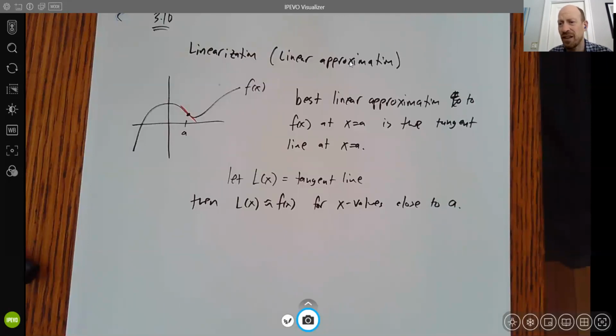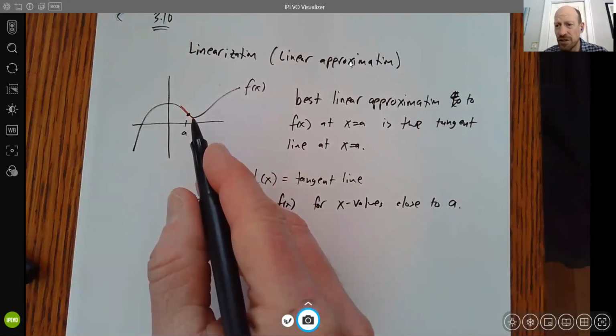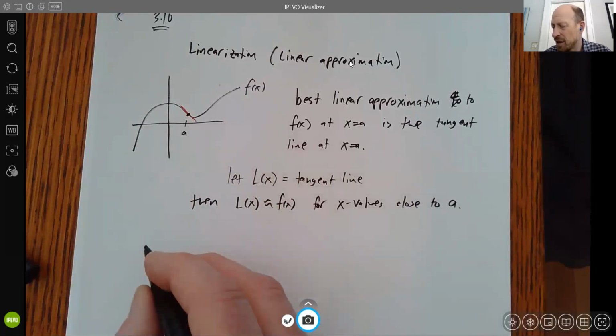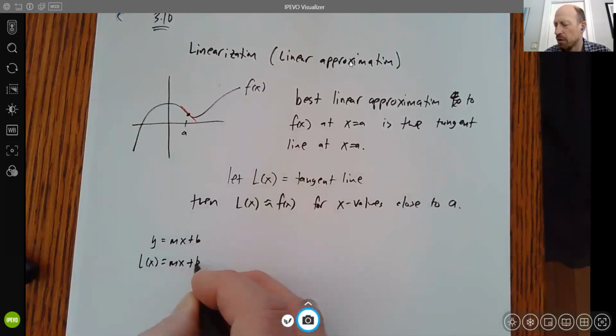And it turns out the execution of this is nothing we haven't done already. You did some of this on the exam. If you want to find the linear approximation at a point, you're just finding the tangent line at that point. It's the same question. I guess instead of letting y equals mx plus b, we replace that with L of x equals mx plus b. That's sort of convention.